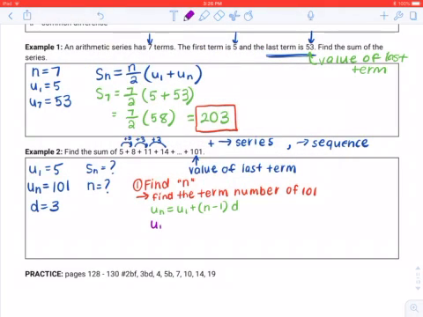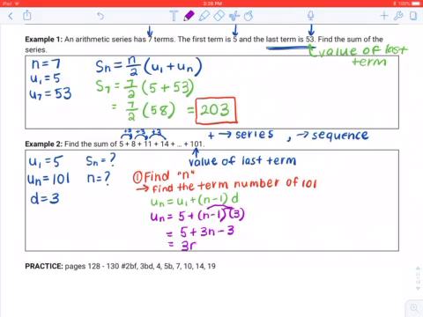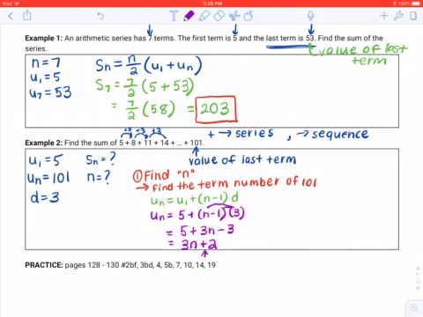So my general term formula is going to look like this. Un equals u1, 5, plus n minus 1 times the common difference, which is 3. Distributing that 3 and cleaning things up a little bit, I end up with 5 plus 3n, subtract 3. 3n plus 2 is my general term formula.